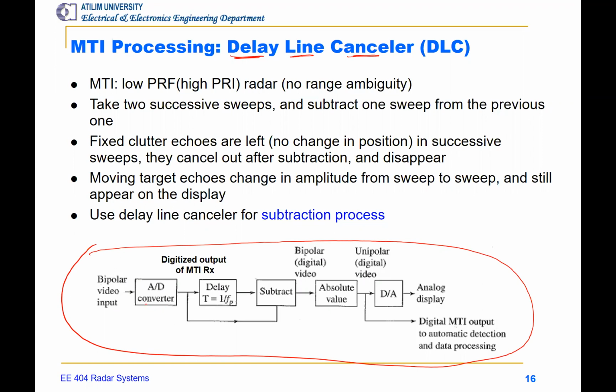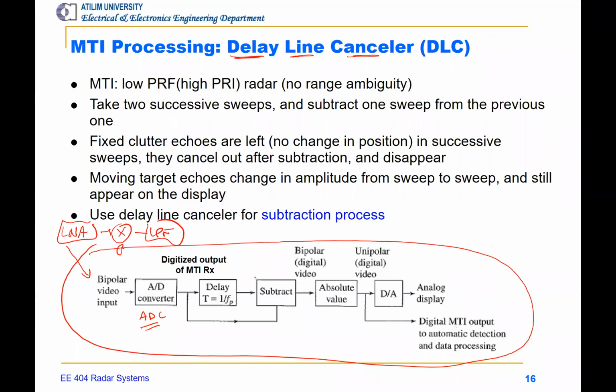You can imagine that here we got again the LNA, remember the radar concept, and then mixer, and then low pass filter, okay, a chain where we get the baseband signal, and then we use an analog to digital converter here, and then use a delay line canceller.